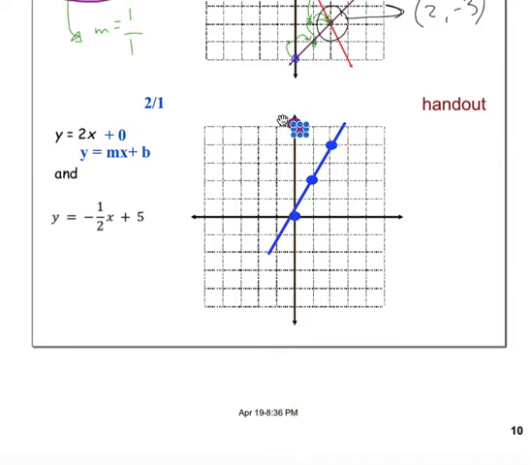Then we take our slope, which is negative 1/2. This means it goes down 1 because it's negative 1, and over 2: 1, 2. Then we do it again, down 1 over 2. Now we can plot our line of best fit here.